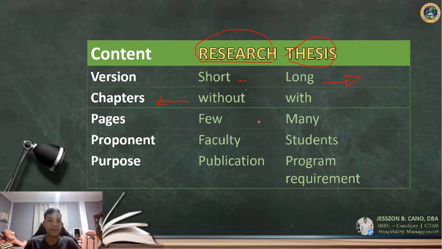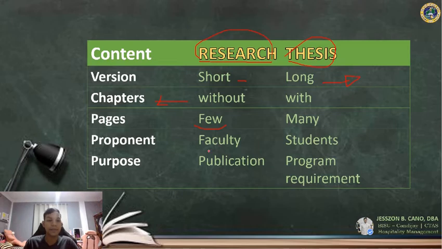And for the research, there are only a few pages. When you visit Google Scholar, you have seen a lot of studies there that are called research. There are only a few pages. But for the thesis, there are many pages, for example 200 to 400 pages.